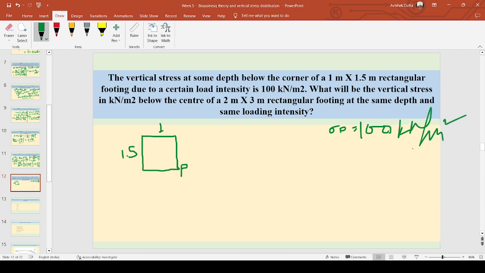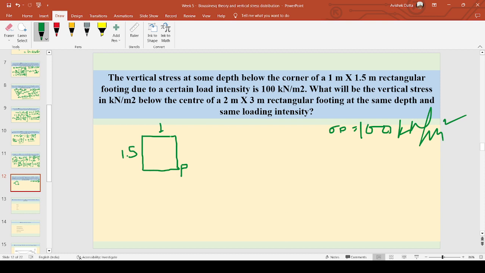Now, what is the vertical stress below the center of a 2 by 3 rectangular footing? If we observe carefully in this question, we can see that the geometry of the area which has been given and the geometry of the area which we are told to find out is exactly double. That is, the one which is given is exactly half of the one which we are asked to find out.